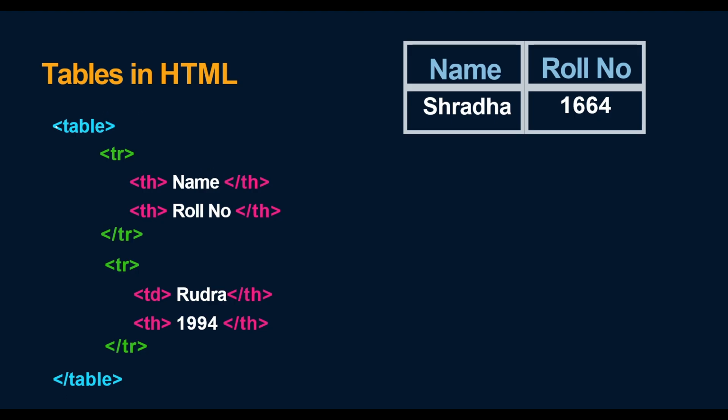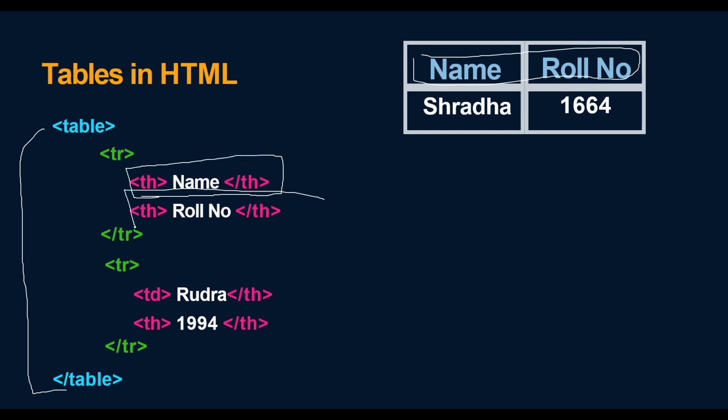See, this is our table tag. Inside the table tag I want to create a table row. This is our table row, and inside the table row I pass th for the name and th for roll number, meaning table header names. This will be a column with the table header name, and this will be another table header name, roll number.